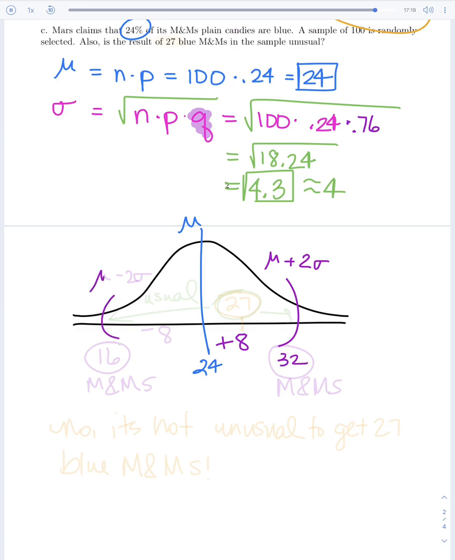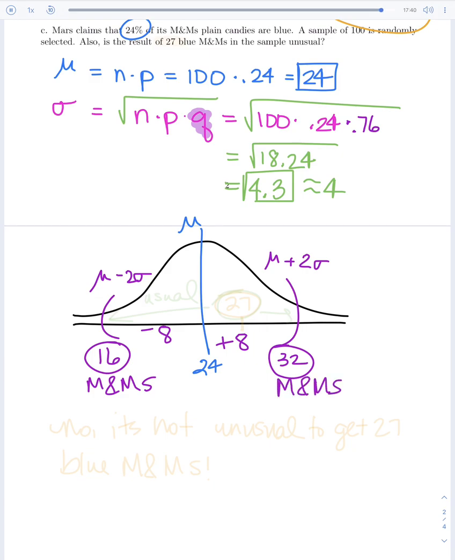And on the lower end, we take the mean and subtract 2 standard deviations, which would mean subtract the 8, which would give us 24 minus 8 is 16 M&Ms. So on the lower end, we have that 16 M&Ms. And on the upper end, for usual, we have 32 blue M&Ms.